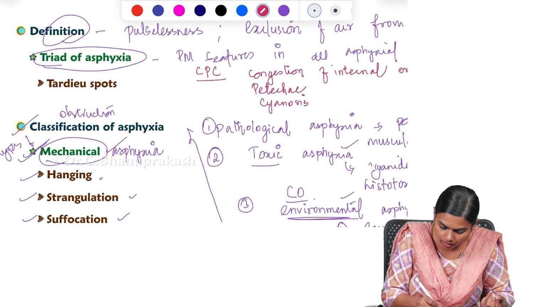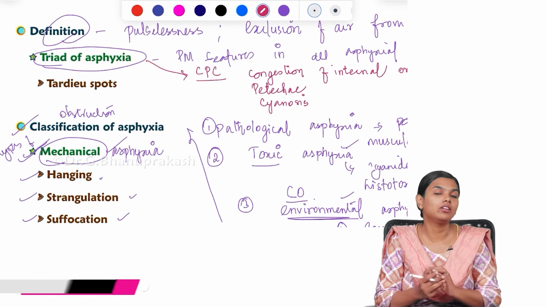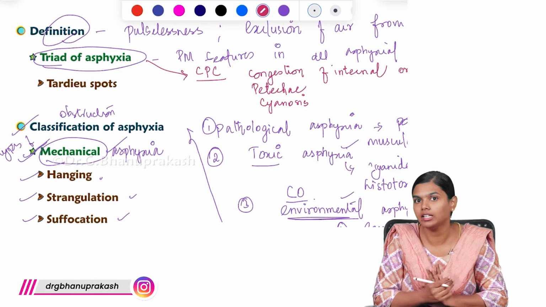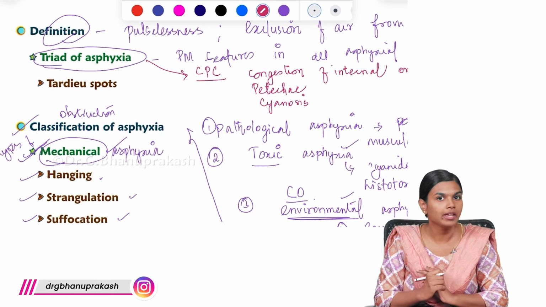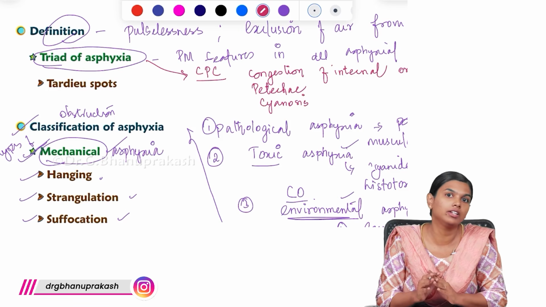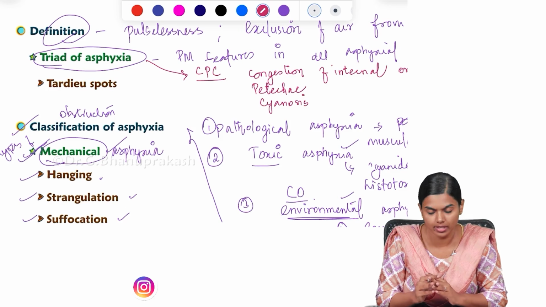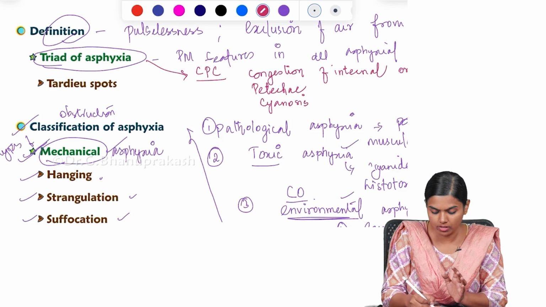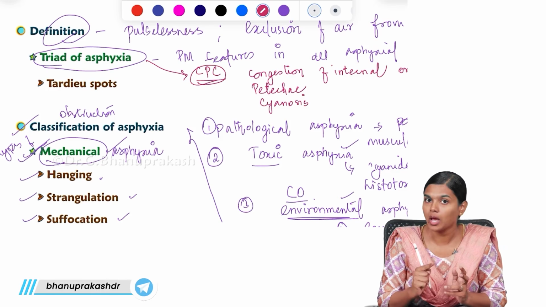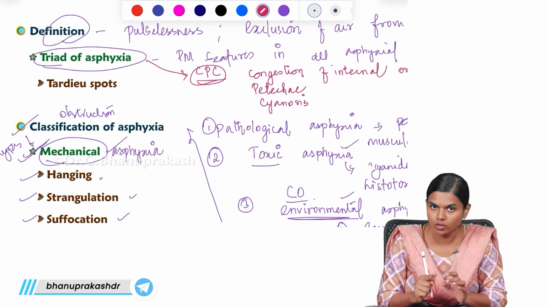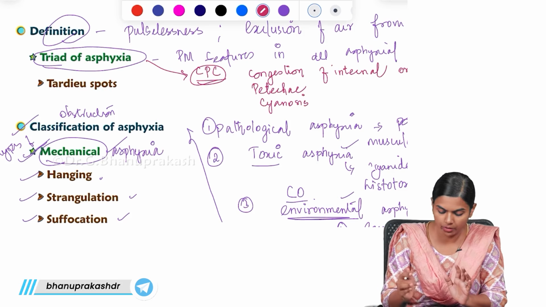These three are known as the triad of asphyxia, and they will definitely ask you if there is a question regarding mechanical asphyxia, especially in Viva, what the triad of asphyxia is. So, the triad of asphyxia consists of CPC: congestion of internal organs, petechiae and cyanosis, which is very, very important to know.